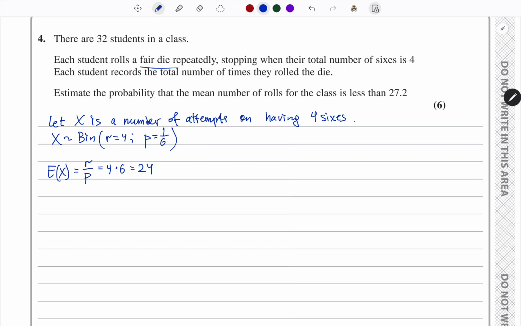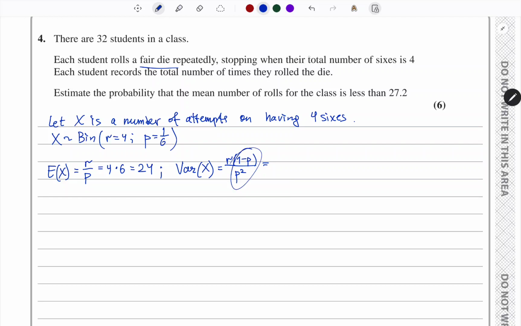Estimate the probability that the mean number of rolls is less than 27.2 if we know there are 32 students. Oh, it's the central limit theorem. So I have to find the variance of X. The formula is R times (1 minus p) over p squared.